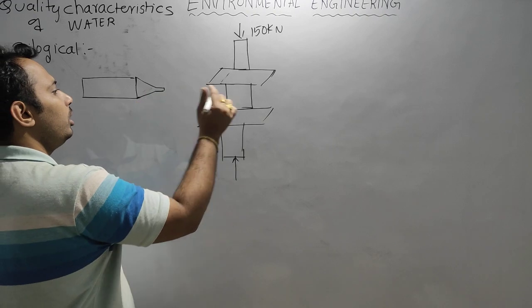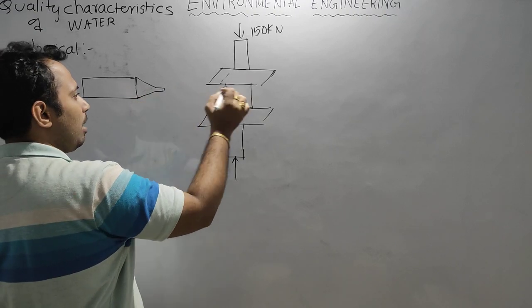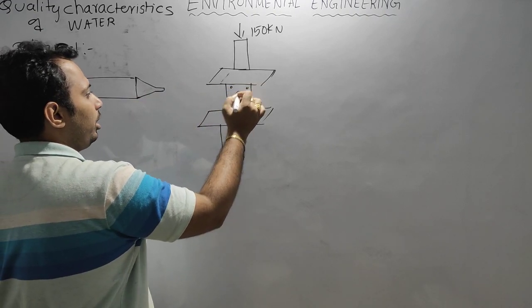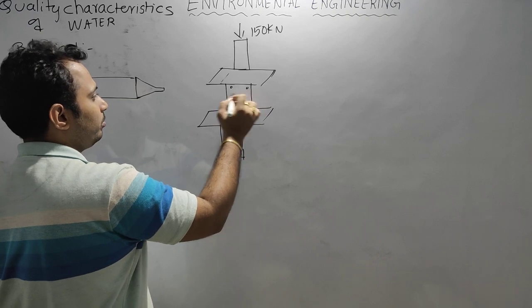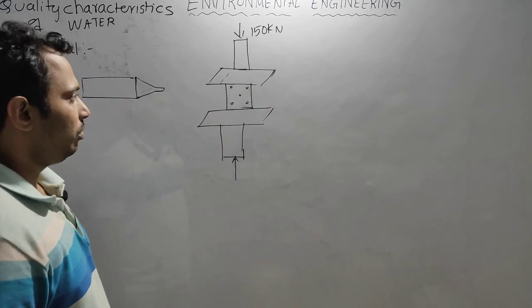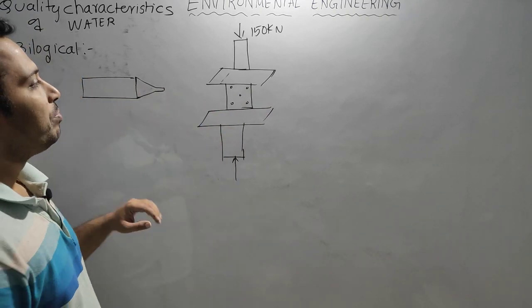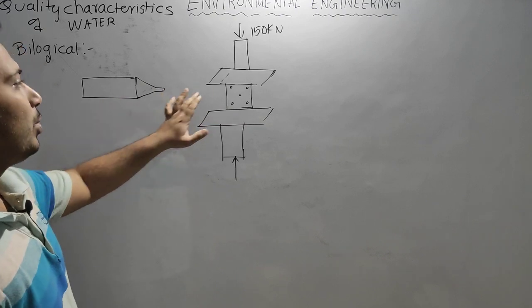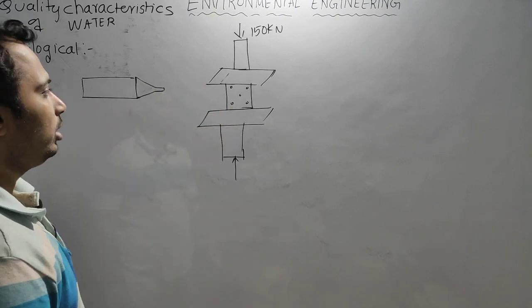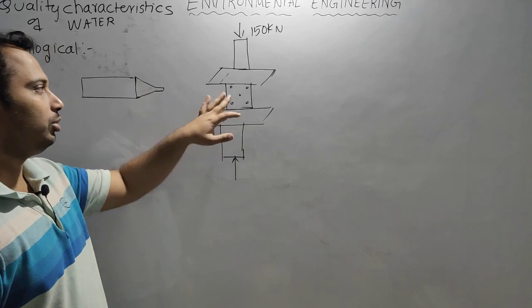Now we take the rebound hammer and hit at 5 different locations, and take the average value, the average rebound number of this cube.